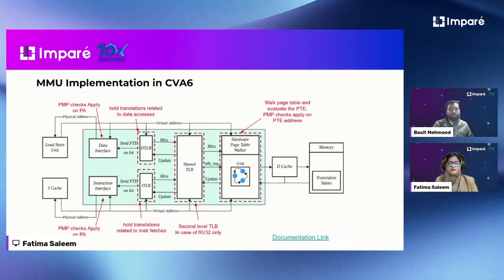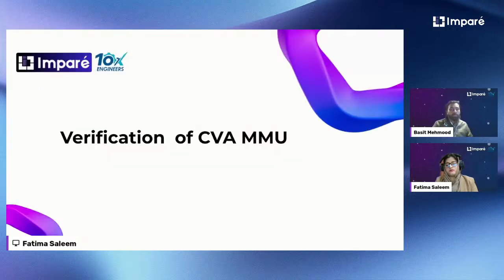It receives virtual addresses from these components and translates them into physical addresses, which is a fundamental task for ensuring program execution and memory accesses. So that was how the MMU is implemented in the CVA6 core.